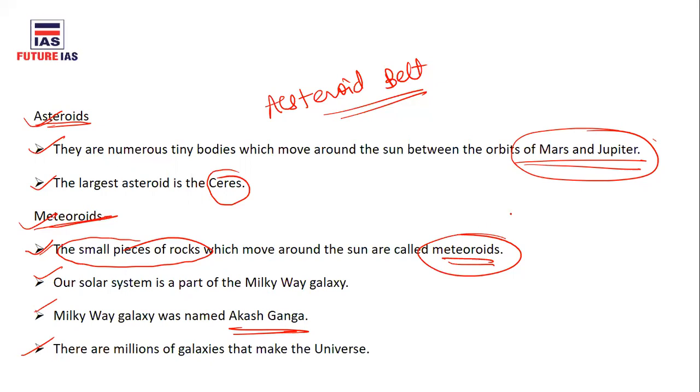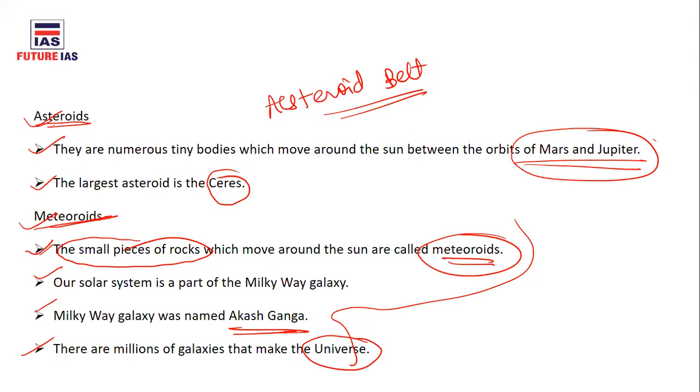So roughly from these lines, you can say that the universe consists of millions of galaxies, and a galaxy consists of millions of such star systems, because the solar system is also a star system, because the star is the sun, and the system consists of the planets.